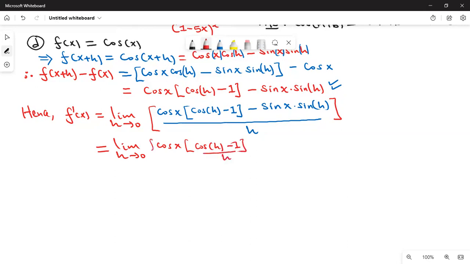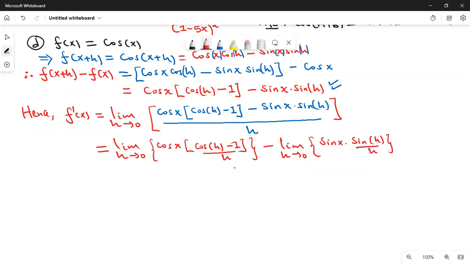That's the first part. Then we have minus the limit as h approaches 0 of sine x times sine h divided by h.